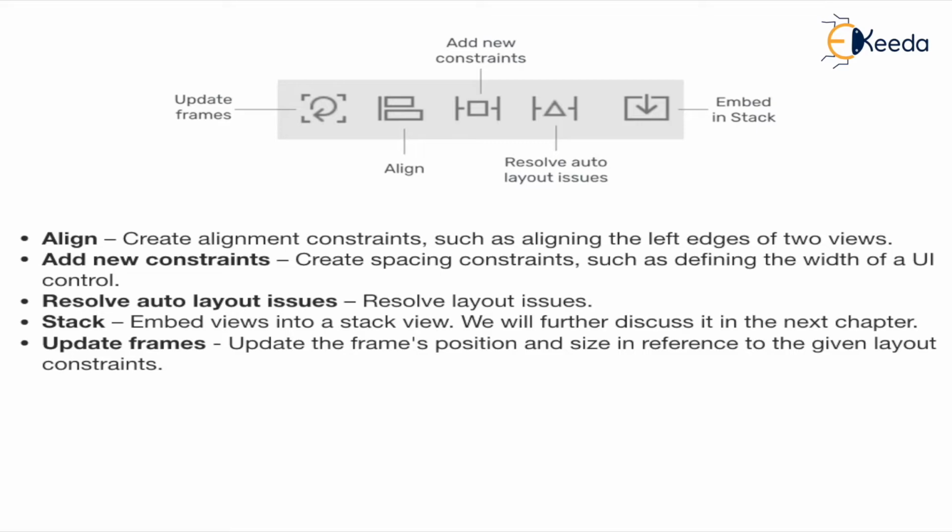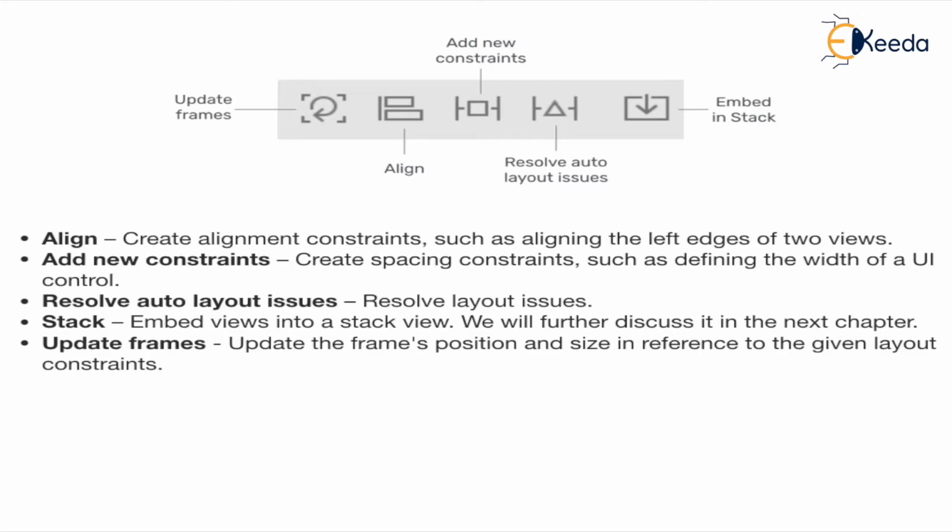Let's see the difference between these. Align creates alignment constraints, such as aligning the left edge of two views. Whenever you design any control on your screen, this functionality is mandatory for designing your controls on different screens.